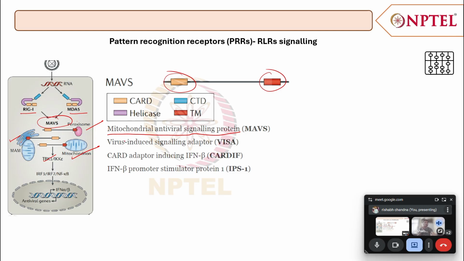Okay, now it activates an inflammatory pathway. That means either TBK1 or IKK epsilon, that will activate IRF3, IRF7 or NF kappa B. Now that will activate the interferon producing genes, as well as an inflammatory response.